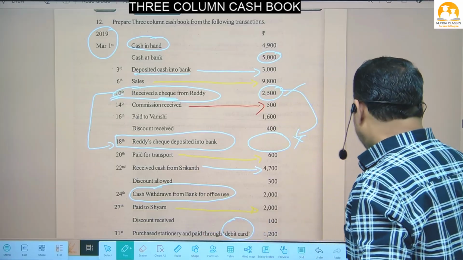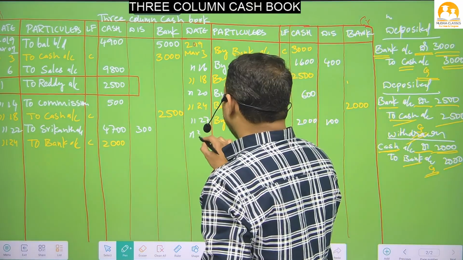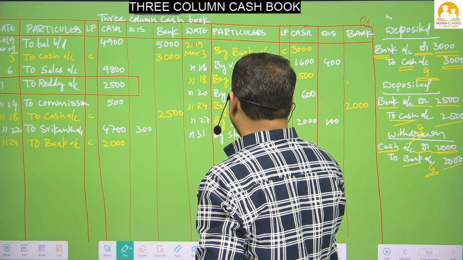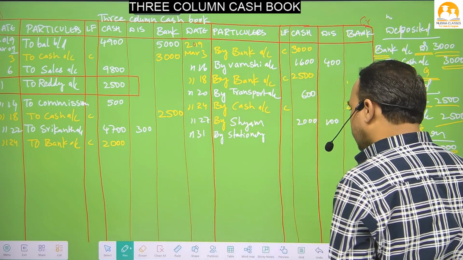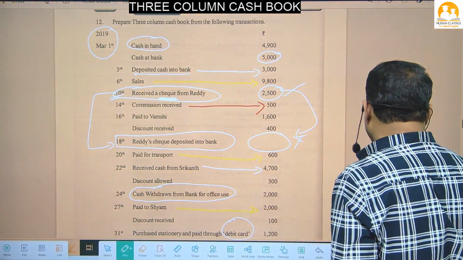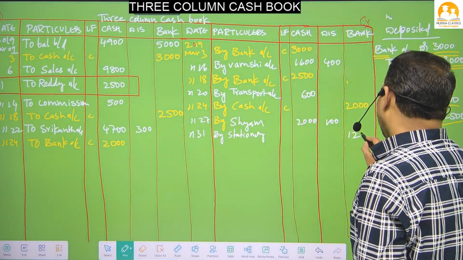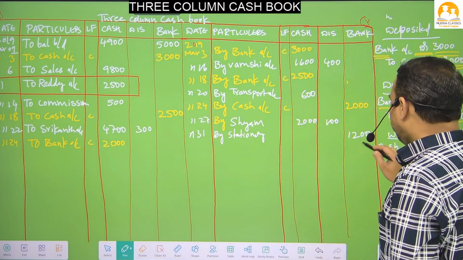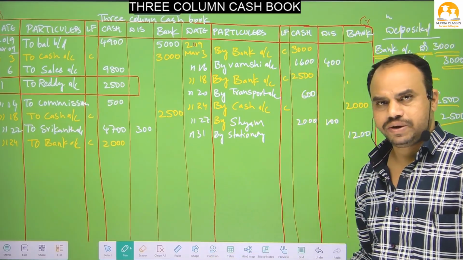So on the credit side, 31st date, by stationery, 1200 by debit card. This is important. Debit card is related to bank, so the amount is written in the bank column. Okay, with this all transactions are completed in this problem.